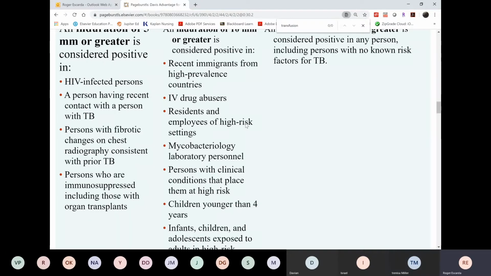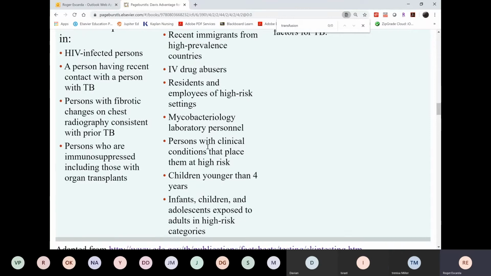People working in the laboratory who are handling sputum, blood, or other body fluids. Persons with clinical conditions that place them at high risk. We're talking about diabetics, heart failure patients, dialysis patients. These are chronic illnesses that make them susceptible to disorders.